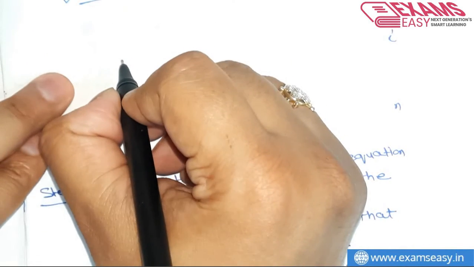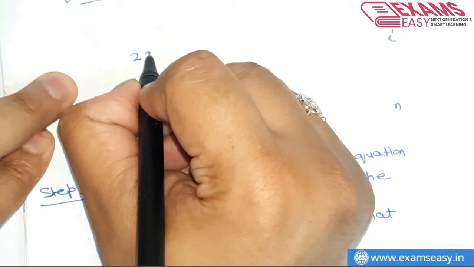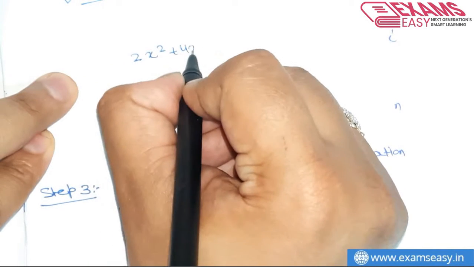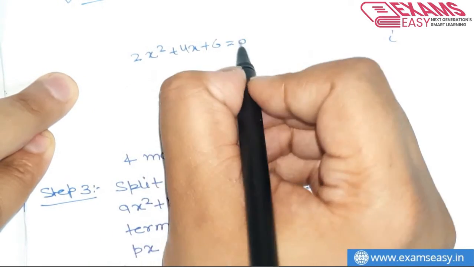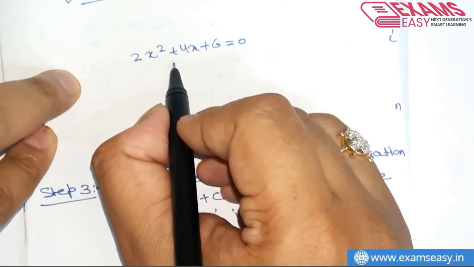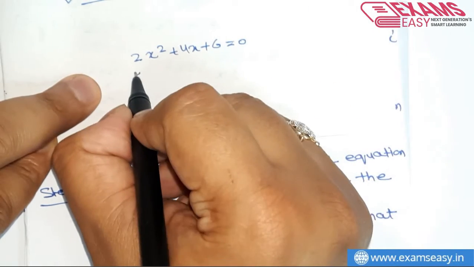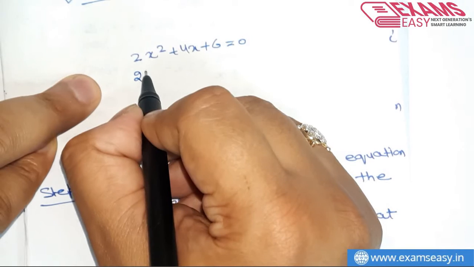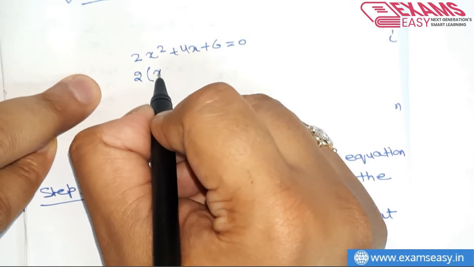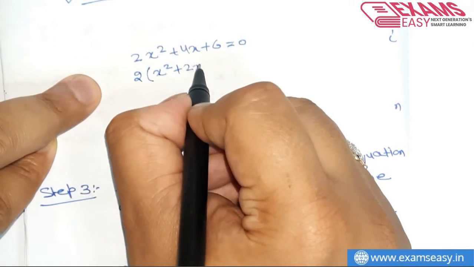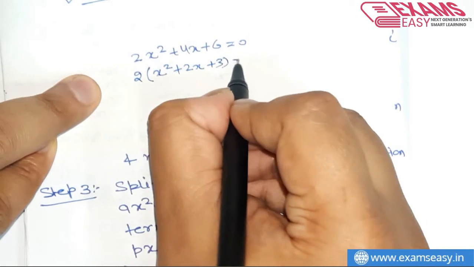So suppose the equation is given as 2x² + 4x + 6 = 0. So if you see, 2 is common to each term, so you can take 2 common from this, then it will become x² + 2x + 3 = 0.